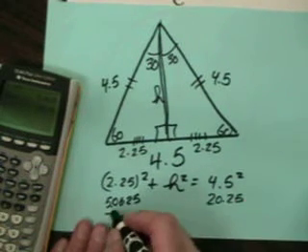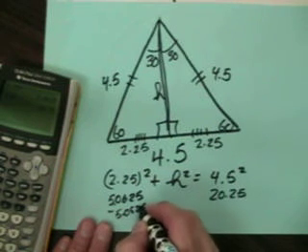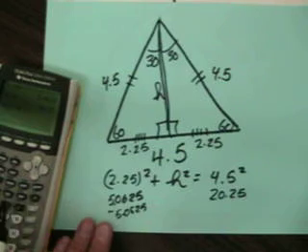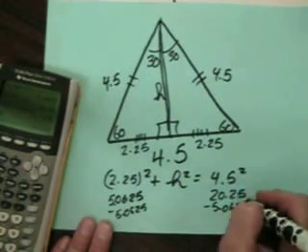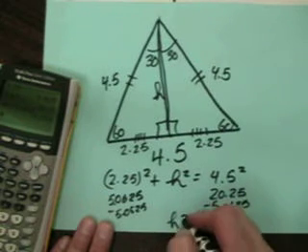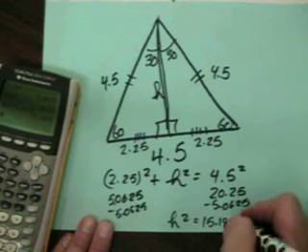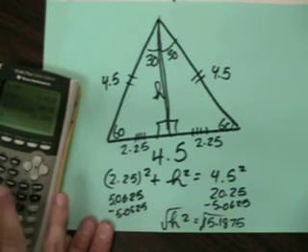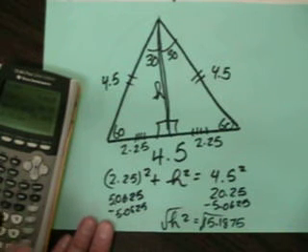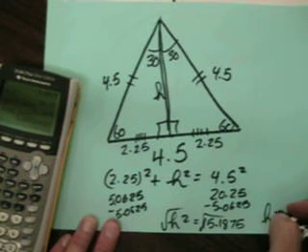I'm going to subtract this from both sides. And I get h squared has to equal 15.1875. And now's the step where we take the square root of both sides. I'm going to take the square root of 15.1875, and I get that h has to equal about 3.89.